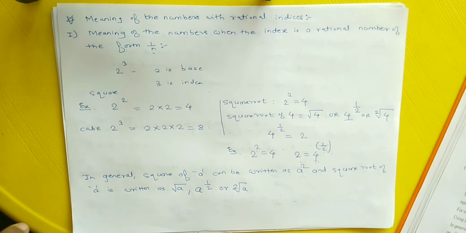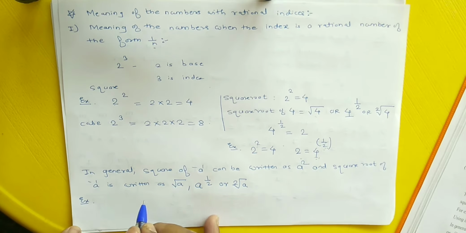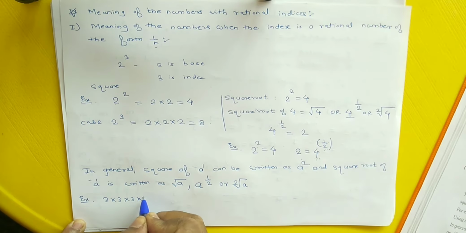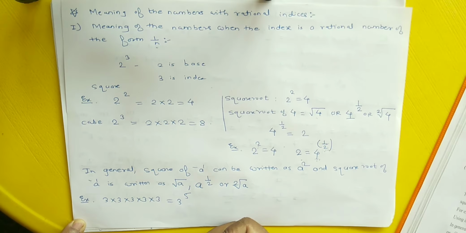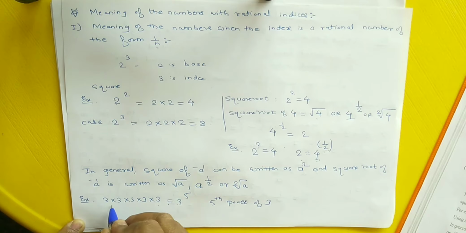So this is the general form. Now let us consider one more example: 3 into 3 into 3 into 3 into 3. How many times? 5 times, so 3 to the power 5. This indicates the 5th power of 3, because 3 is multiplied 5 times.